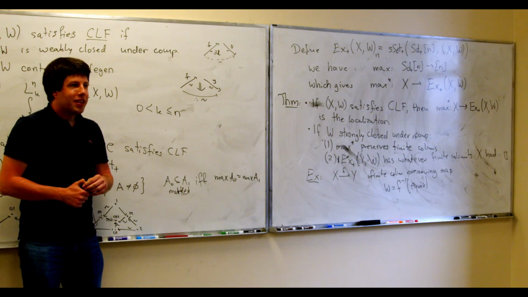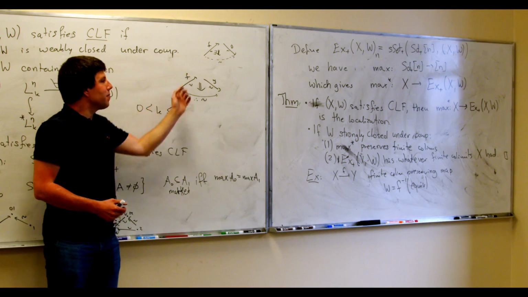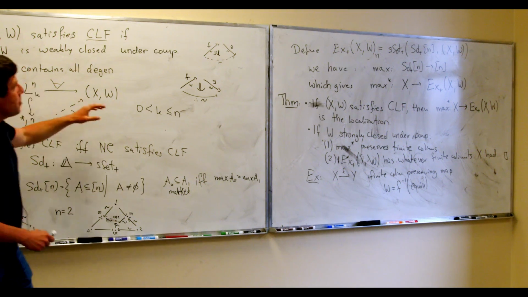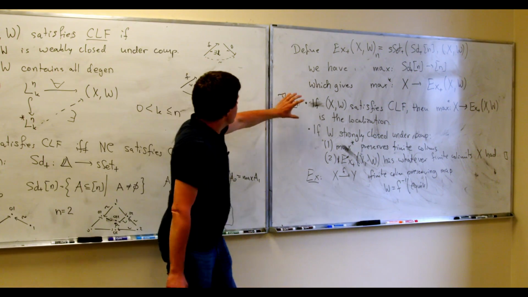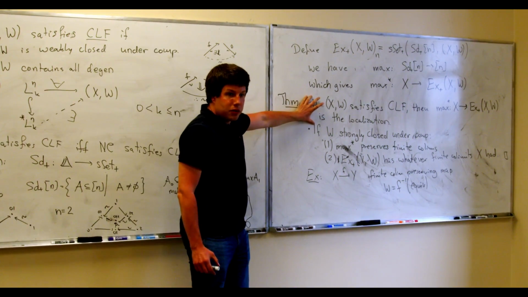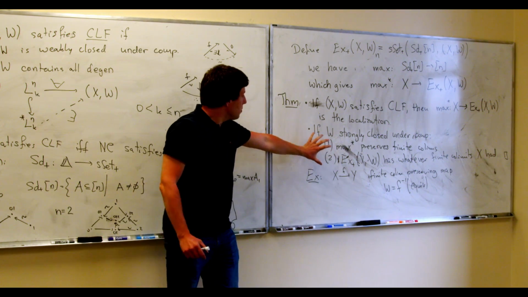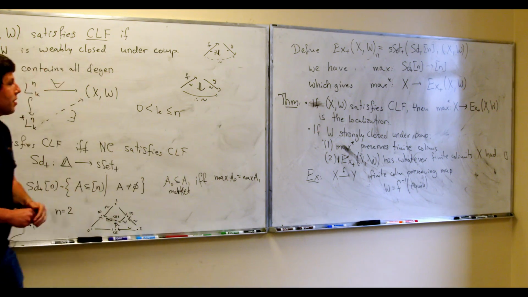So if you're homotopic to a weak equivalence, you should be a weak equivalence. It turns out that for just this part of the theorem you only need weakly closed, and strongly closed only enters to tell you something about colimits.